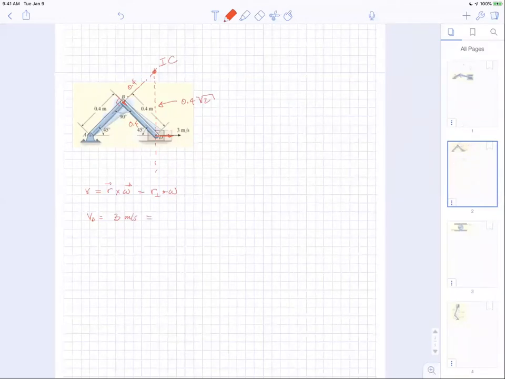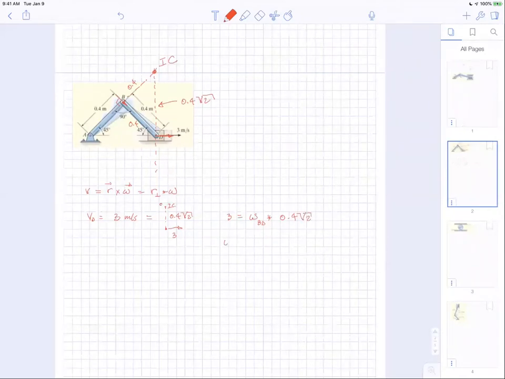And it equals its distance. Let me re-sketch that here. There's the IC, there's D. Let's keep the IC the letter O. The velocity of D is 3, and the distance from the instantaneous center to point D is 0.4 square root of 2. We did that using geometry. And so we have 3 equals omega of BD times the distance from the instantaneous center, 0.4 square root of 2.